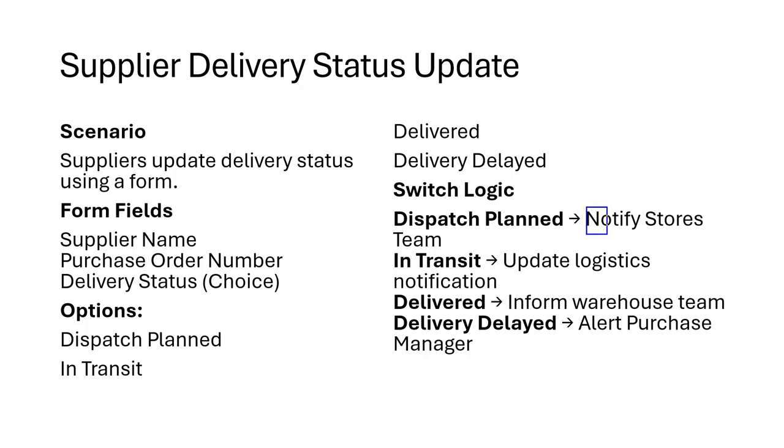If there is a problem in transit, like delayed delivery, you have to send a notification to your logistic team. If it is delivered, just inform your warehouse. I think delivered is not there.